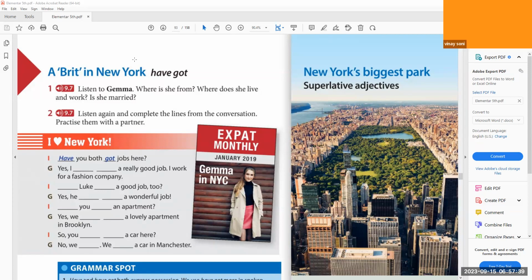What do you know about her husband? He has a job. He's a gardener, right? He's a gardener, and he works in Central Park.